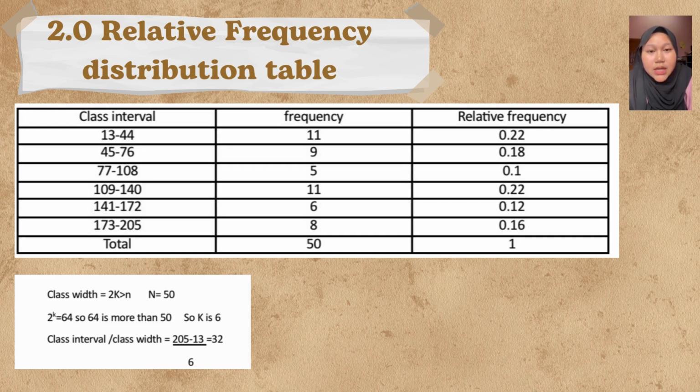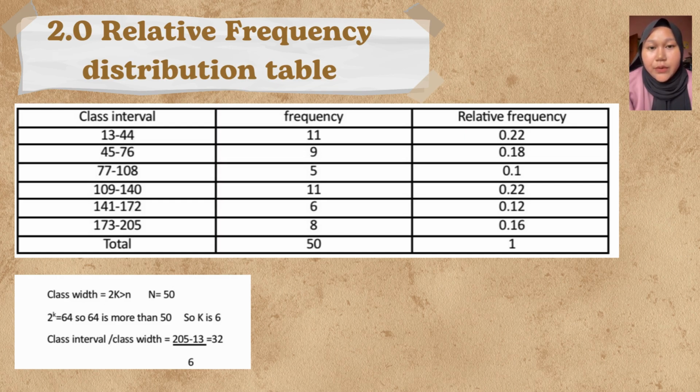Class interval 13 until 44, the frequency 11, relative frequency 0.22; 45 until 76, frequency 9, relative frequency 0.18; 77 until 108, the frequency 5, relative frequency 0.1; 109 until 140, the frequency 11, relative frequency 0.22; 141 until 172, the frequency 6, relative frequency 0.12; 173 until 205, the frequency 8, relative frequency 0.16.